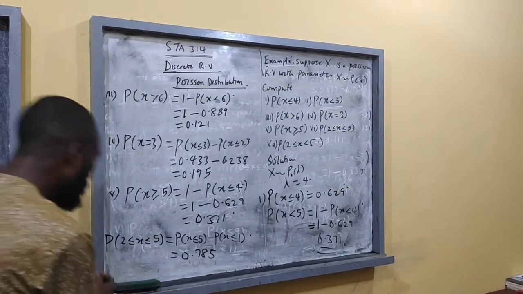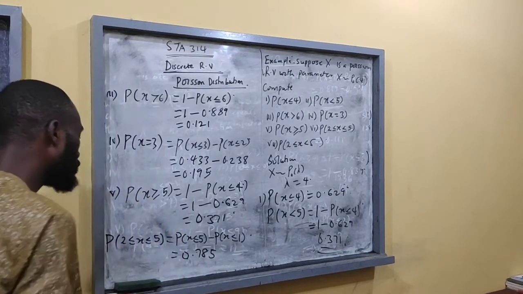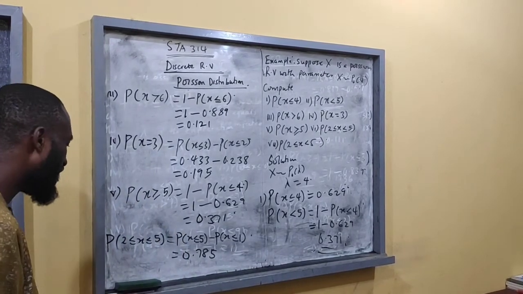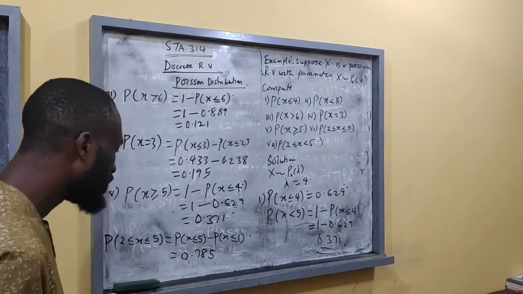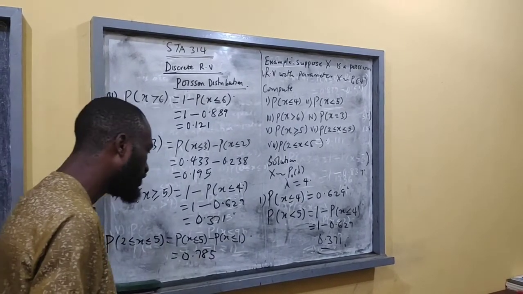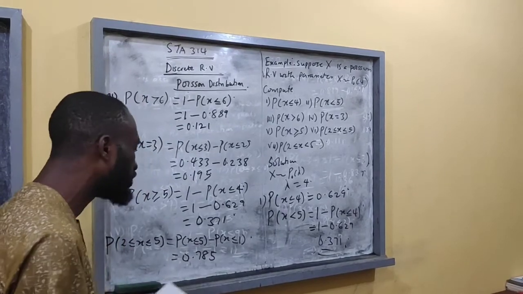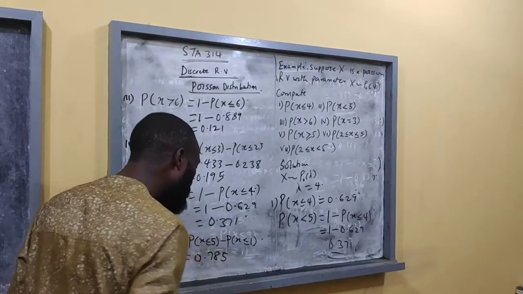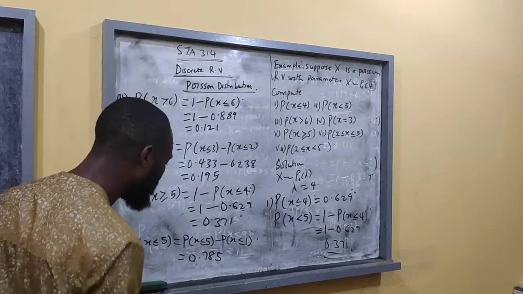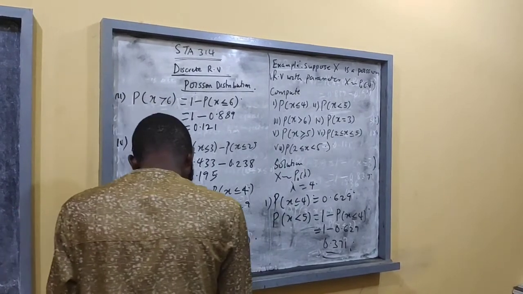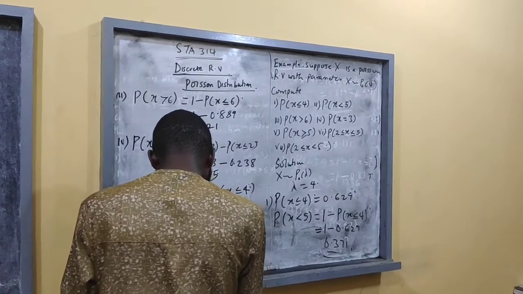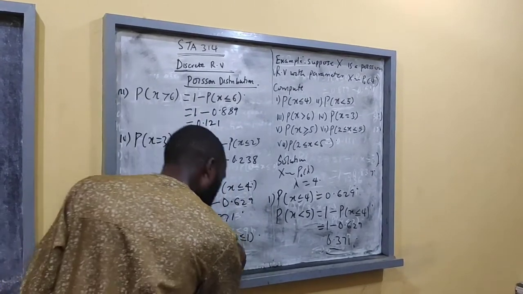Now for Roman figure 6, we want to look at probability of 2 less than or equals to X less than or equals to 5, and that will be what? Probability of X less than or equals to 5 minus probability of X less than or equals to 1. We have checked probability of X less than or equals to 5 and it gives us 0.785, while probability of X less than or equals to 1 is going to give us 0.092.